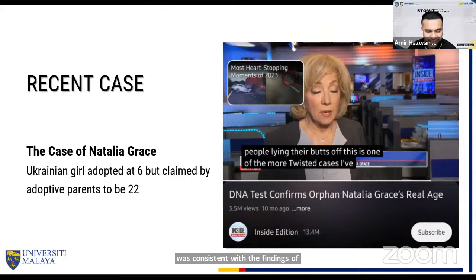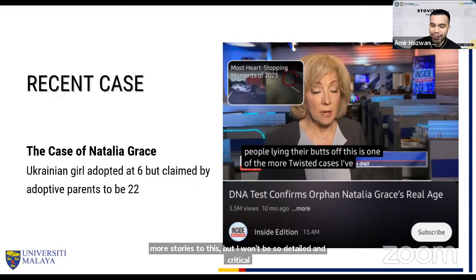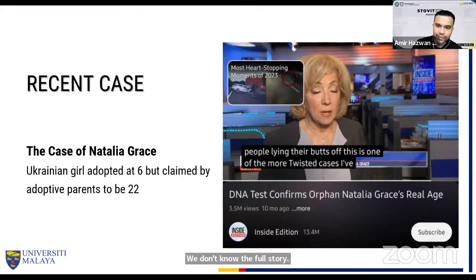I'm really perplexed by why it took so long to have a more scientific approach to this. There are more stories to this, but I won't be so detailed and critical because we don't know the full story. So this is a more recent case where dental age estimation could be performed to confirm somebody's age, or when somebody's age is questioned by other people.